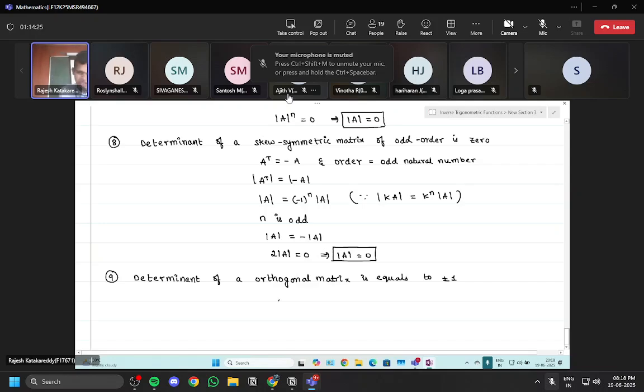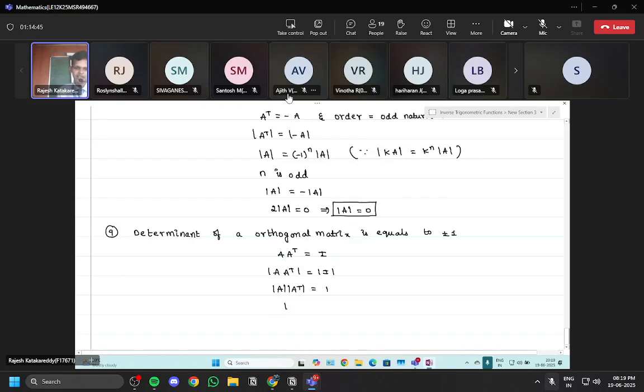We know for an orthogonal matrix, A into A transpose is equals identity matrix. Taking determinant, determinant of A into A transpose is equals determinant of identity. This is determinant of A into determinant of A transpose is equals 1. Now we can write this as determinant of A into determinant of A is 1. Determinant of A square is 1. Therefore, determinant of A should be equals plus minus 1.